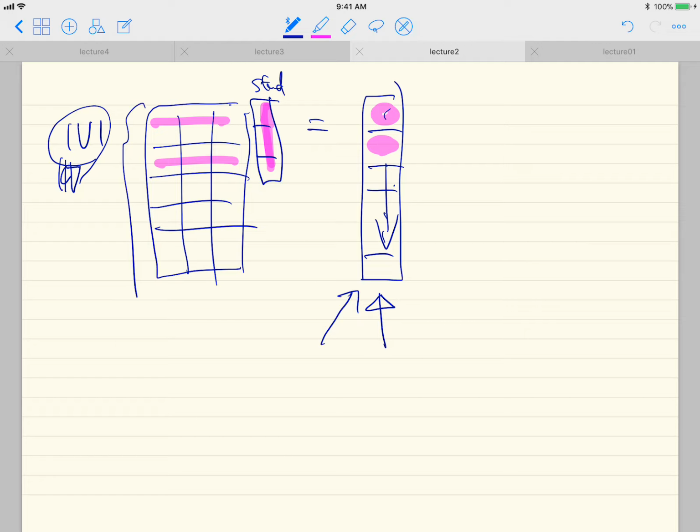Previously, this many inner product computations were needed, right? But in the case of a hierarchical softmax, roughly we require only this many inner product computations.